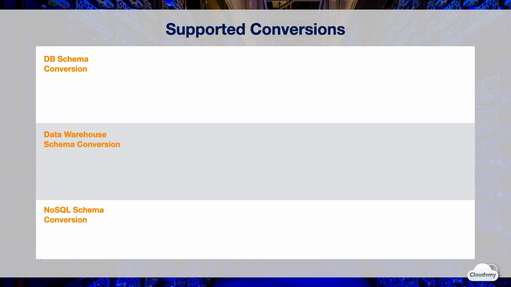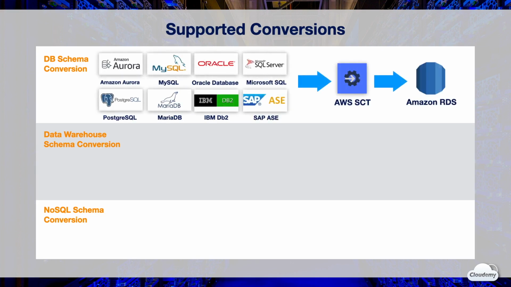SCT makes it easy to convert schema and data types for a number of relational databases, data warehouses, and NoSQL databases. Here is a list of supported schema conversions. SCT supports database schema conversion from the following source database engines, including Amazon Aurora, Oracle, Microsoft SQL Server, MySQL, PostgreSQL, MariaDB, SAP ASE and IBM DB2, to the target databases provided by Amazon RDS.